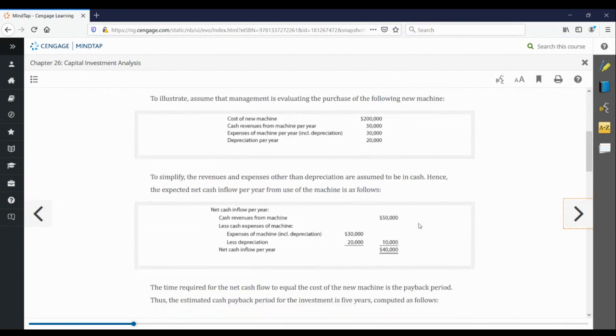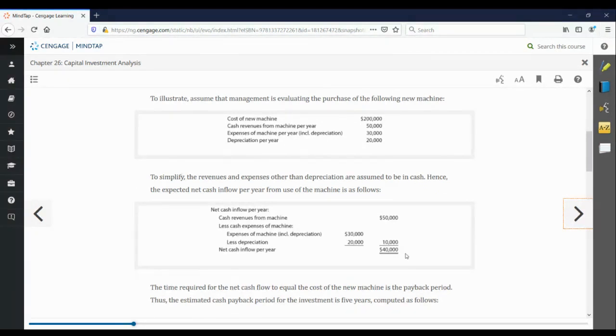Now, what they've done here is they've shown you how to calculate the net flow for this investment over a period of time. What I've noticed is that in your problems, they will give you the net cash inflow. Most likely, you're not going to have to figure out what the net cash inflow is for each one of the investments.